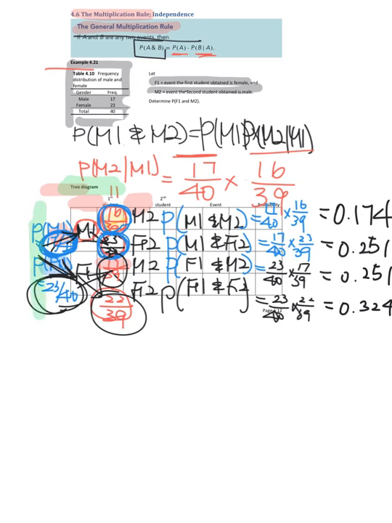The very first one here was 17 out of 40, and the second one was 23 out of 40. That is the first part, the unconditional probability.